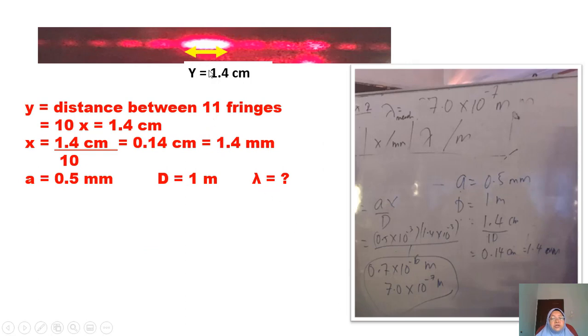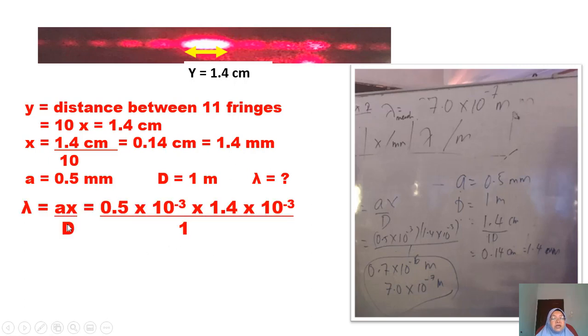So here we have the range of y, 1.4 cm. It has 11 fringes, so 10x equals 1.4 cm, and we divide, so we get x as 1.4 millimeter. Given that a is 0.5 millimeter, D is 1 meter, what is lambda? With x as 1.4 millimeter, we calculate.